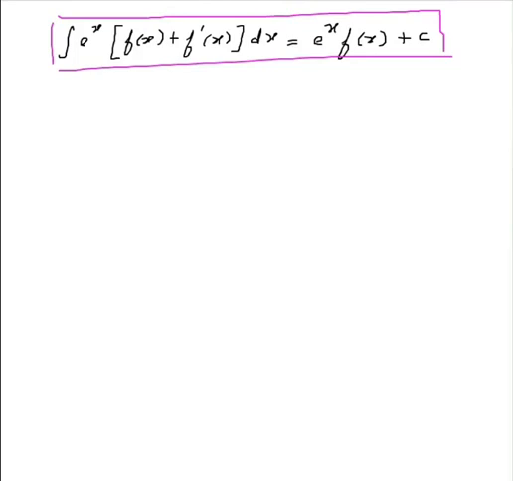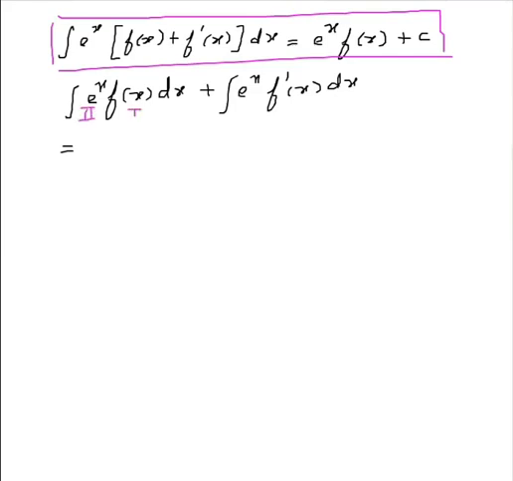Let me explain this formula. The left hand side, open the brackets and write. So it becomes integral e power x f of x dx plus integral e power x f dashed of x dx. Let us do by parts of the first term. In ILATE, e comes last.